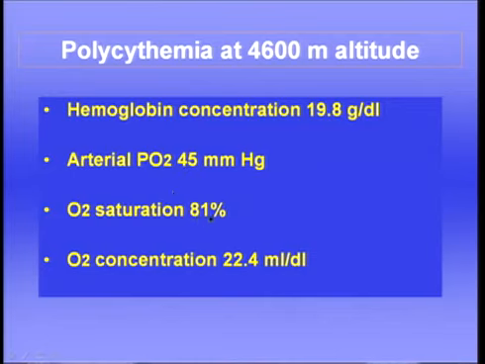Therefore, their arterial oxygen saturation, of course, is reduced. But because the hemoglobin concentration is so high, the oxygen concentration of the arterial blood can be as high as 22.4 mils per deciliter, which actually exceeds that of ourselves at sea level. So you can see the power of polycythemia in these people who live permanently at high altitude.